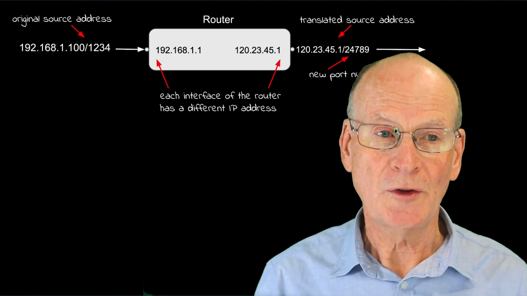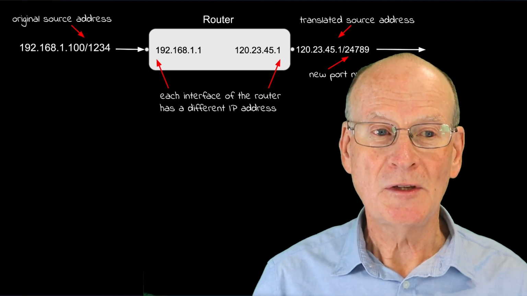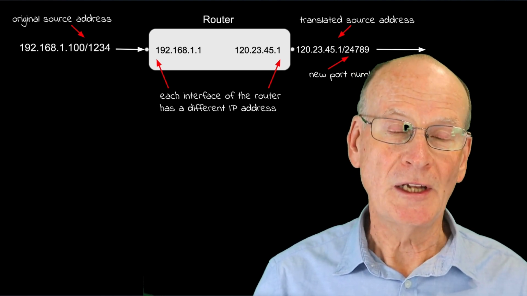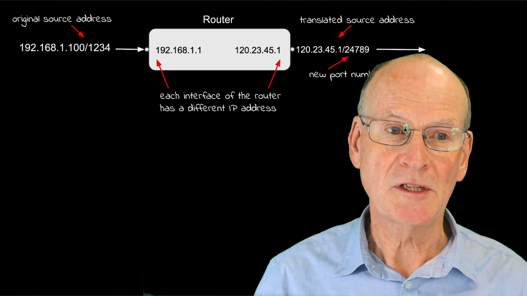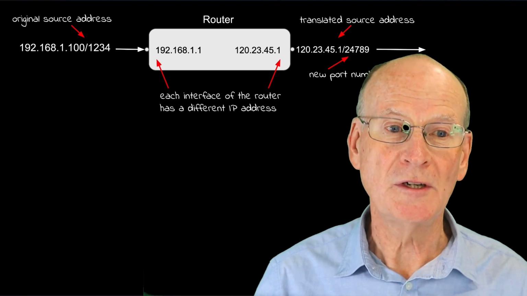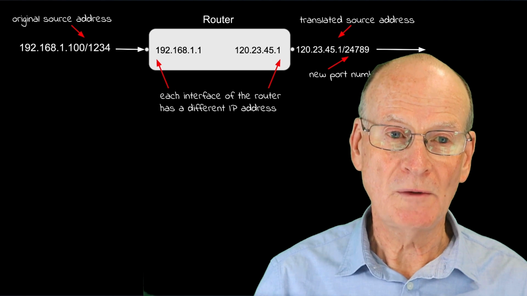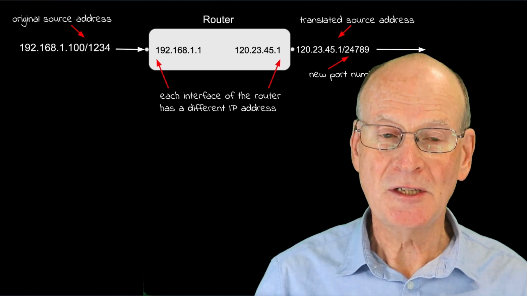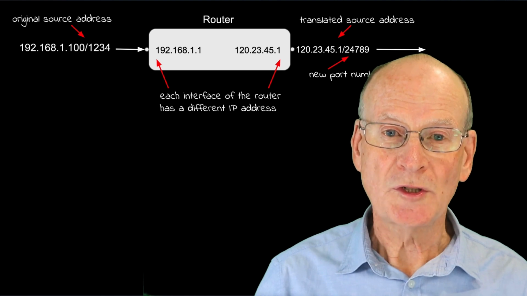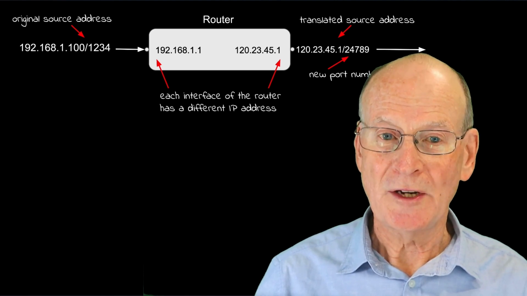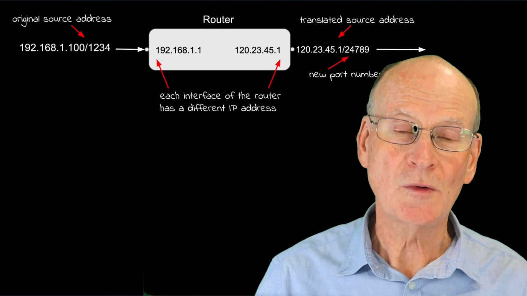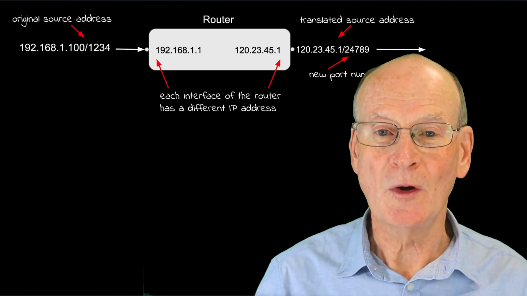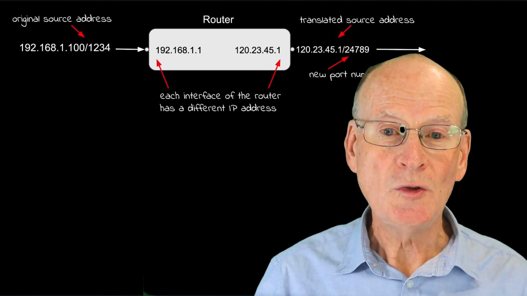So here, if we look at this image, you can see that the original address on the left there, 192.168.1.100 with port 1234, if a packet comes in from that address, the router will translate it to the router's address here on the right, 120.23.45.1, but a new port number.